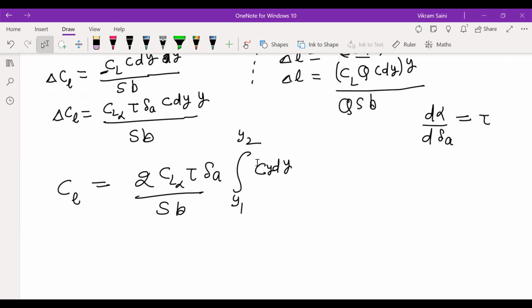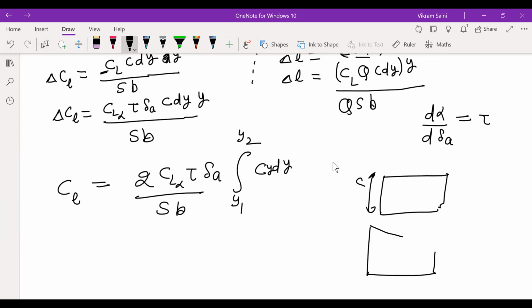So that's how you compute the net rolling moment when you have a delta A deflection on the ailerons. Now this integration will differ from wing planform to wing planform, and let me explain how it changes for different wing planforms. So when you have a rectangular wing section, C is just a constant number. But let's say you have a wing section like this, where you have taper.